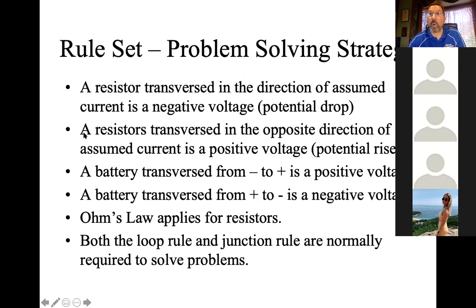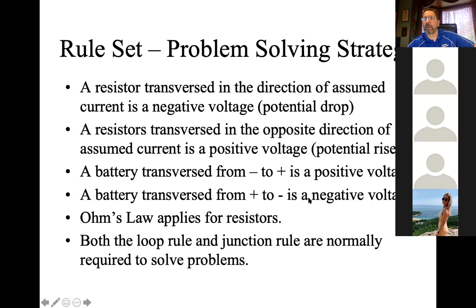On the other hand, if you happen to be tracing around and you're looking at current that you assumed coming towards you, you're like a salmon swimming upstream, right? You're going from a lower potential to a higher potential, in which case that's a potential rise, and you'll make the potential a positive number. When you go across a battery from the negative to the positive side, it's of course a positive voltage. I'm hoping that's intuitive.